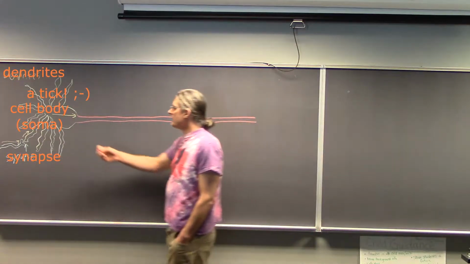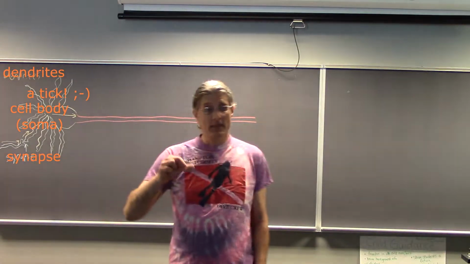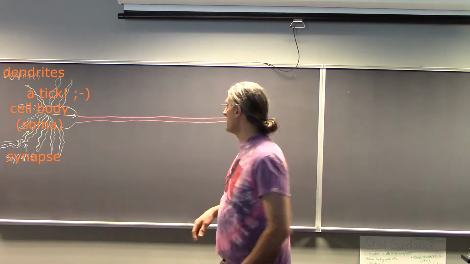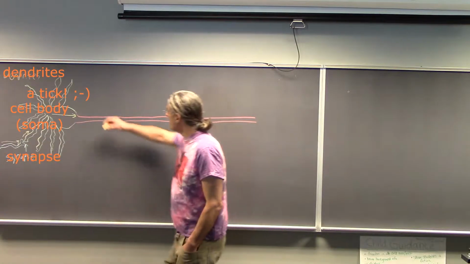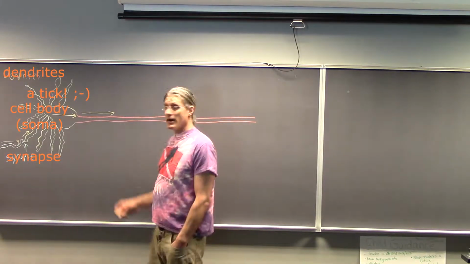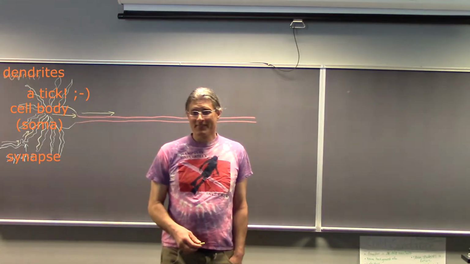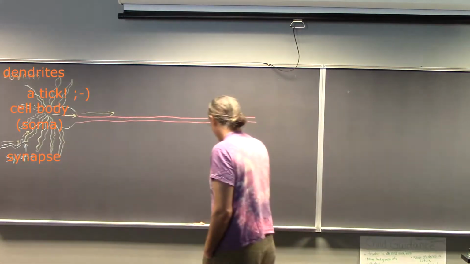So the cell body is quite a bit bigger than the axon, as the axon is thin, but it's long. And what the axon does, it's responsible for carrying what's known as an action potential down its length. Although it's more complicated than that.